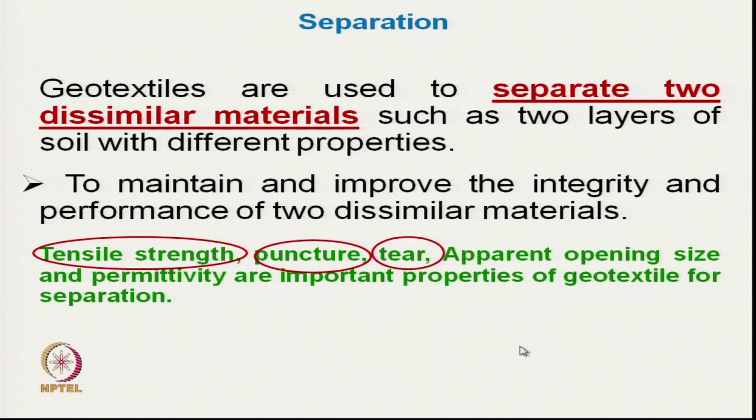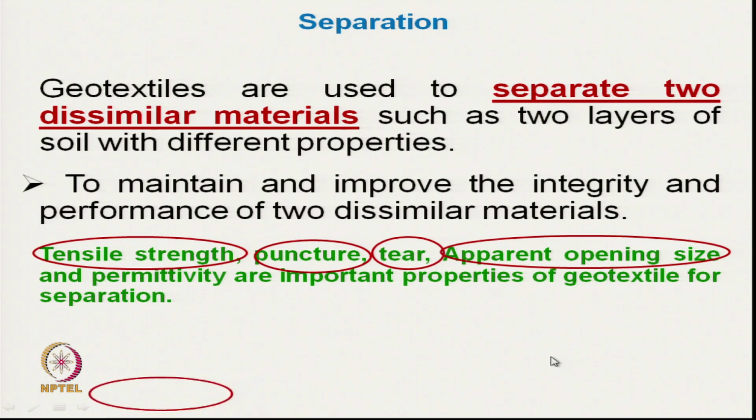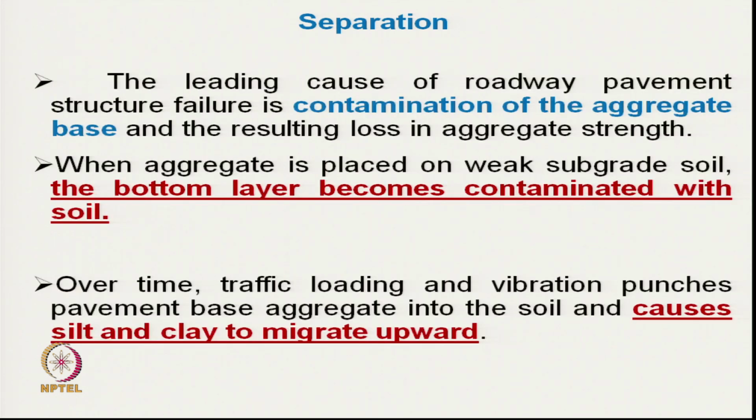Tear strength and apparent opening size are important, because otherwise the soft soil, the clay and fine particles will penetrate through the geotextile. We must know the apparent opening size and permittivity. These are the properties we must consider when we use geotextile for separation purpose.